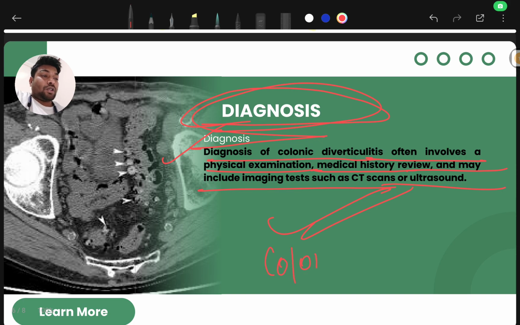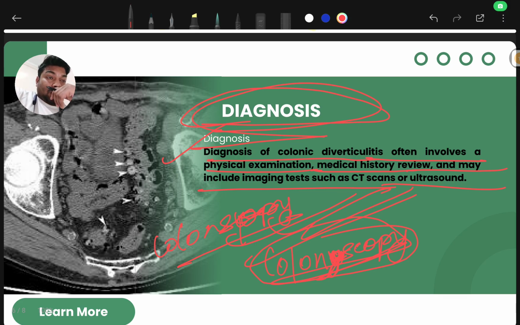colonoscopy, okay. So colonoscopy is a very important diagnostic test for colonic diverticulitis.